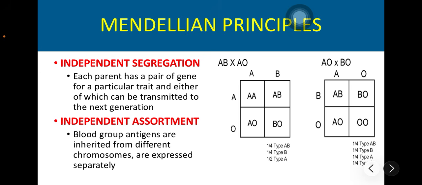So the genes segregate and allow one gene from each parent to be passed down onto each child. While independent assortment, on the other hand, means blood group antigens are inherited on different chromosomes and are expressed separately. So the random behavior of the genes on separate chromosomes during meiosis can result in a mixture of genetic material in the offspring.